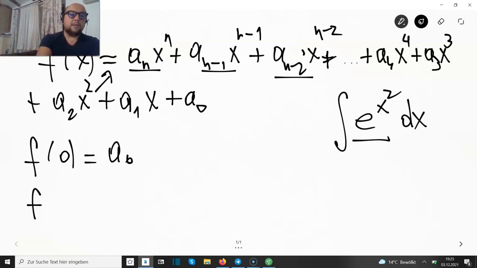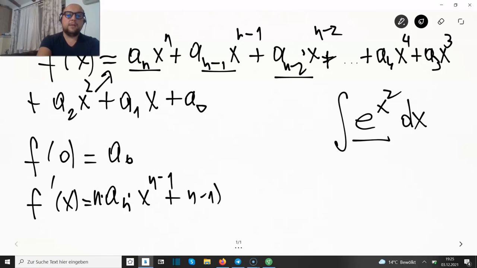Now let's compute the derivative of f of x. So we have to assume that this function is differentiable. And what will we get? Well, we have a n, we have also n coming in front, and then we have x to the power of n minus 1, plus n minus 1 times a n minus 1, then x to the power of n minus 2.